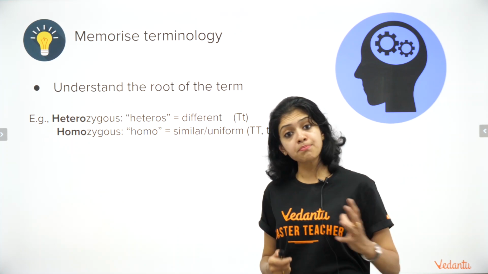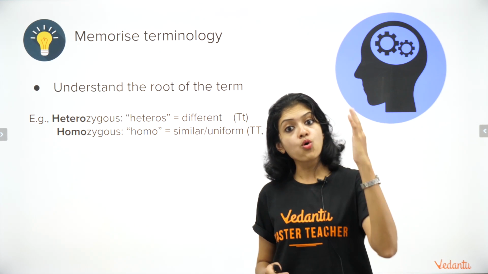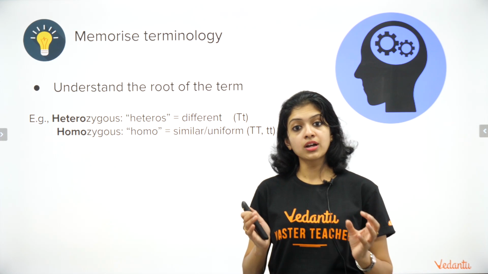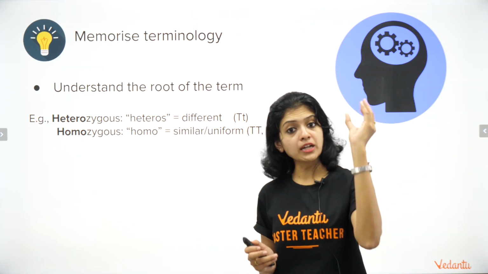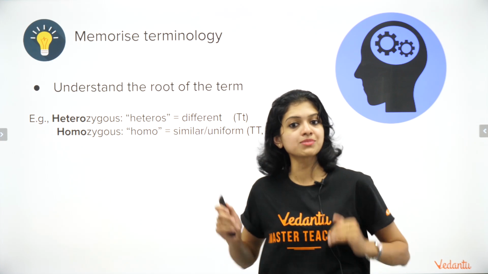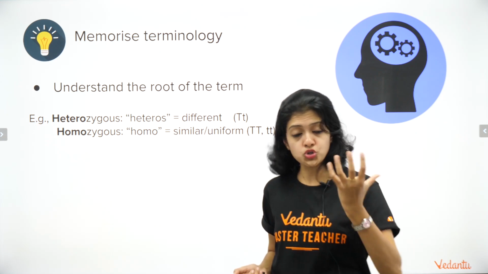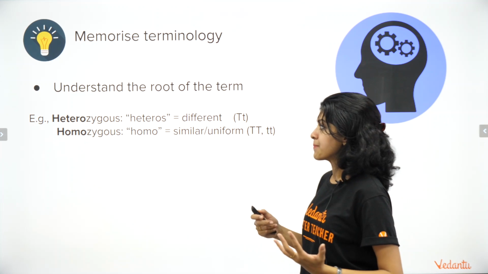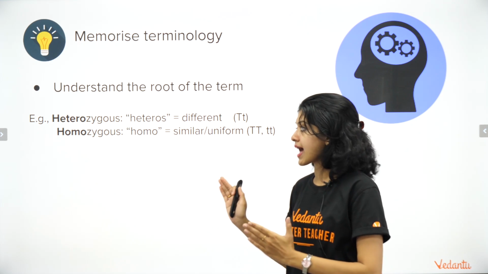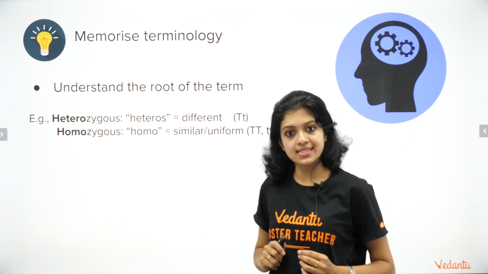For instance, in biology, most terms would be much easier to remember if you broke them down into parts and understood the meaning of the root word. Say for instance, the words heterozygous and homozygous in genetics, right?